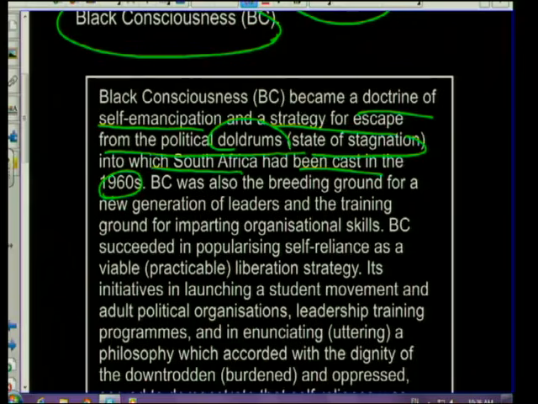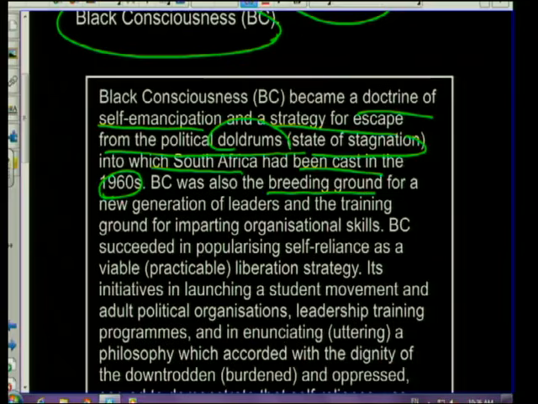That tells you a lot about the philosophy of black consciousness. Moving on, certainly it was a breeding ground for a new generation of leaders. Other keywords, it focused on a liberation strategy.